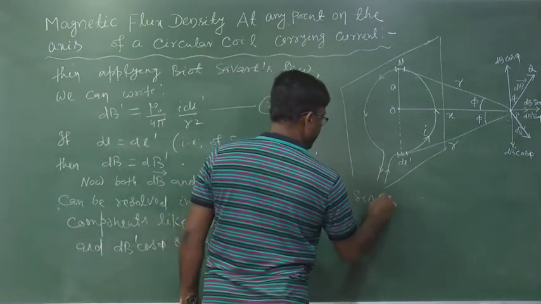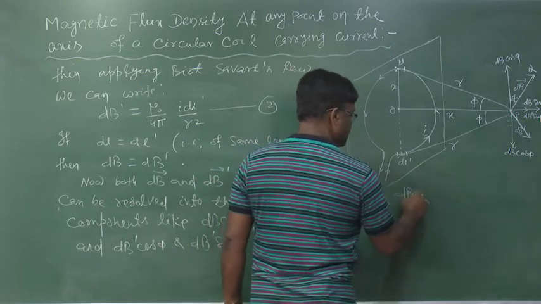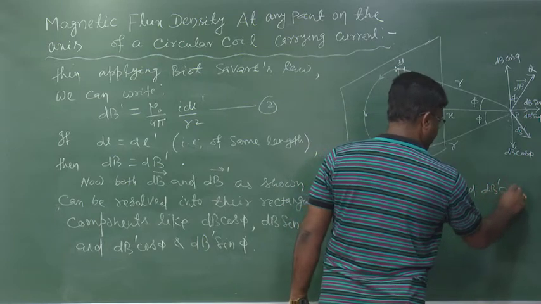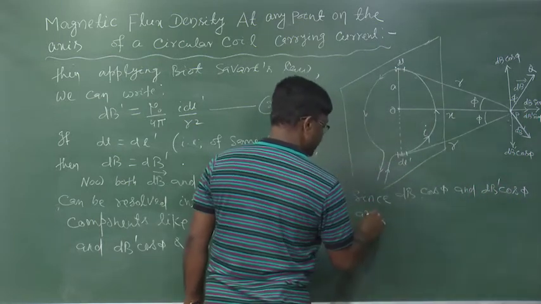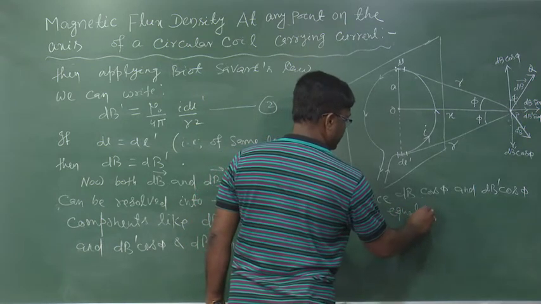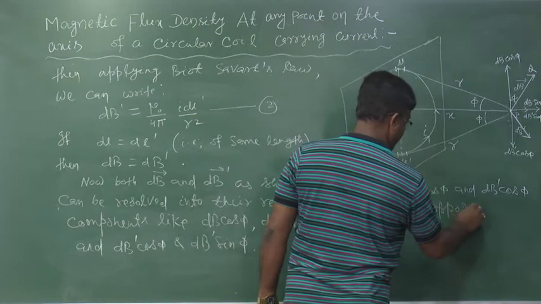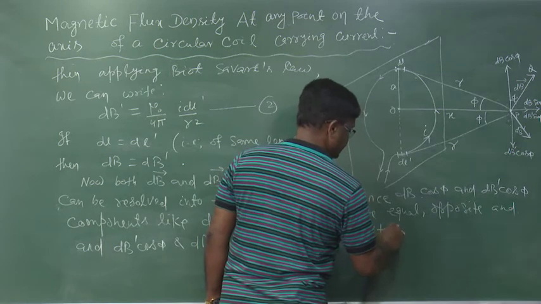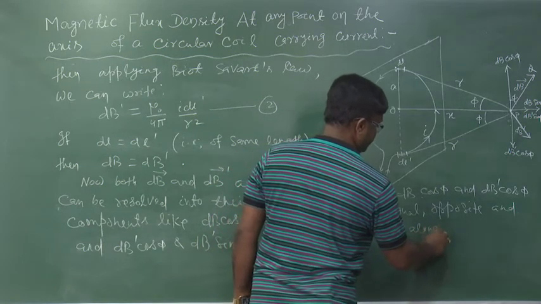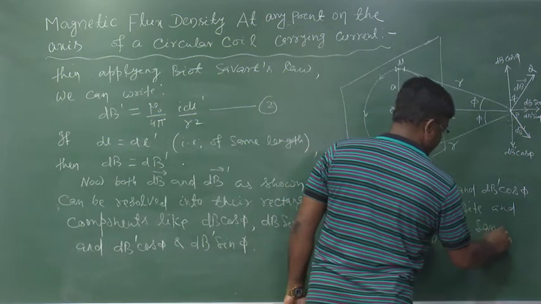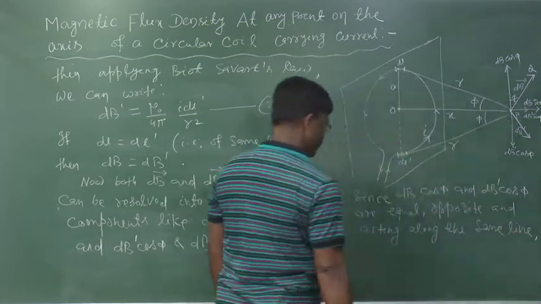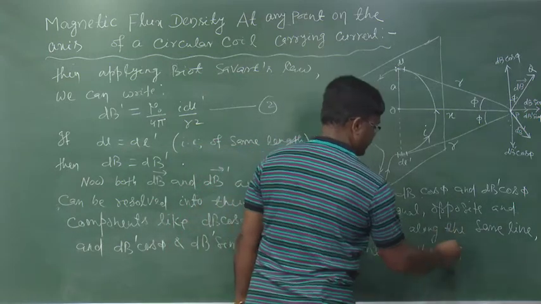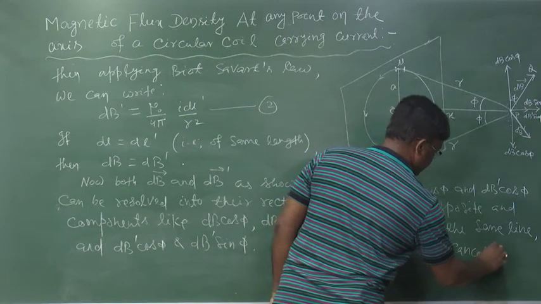Since dB cos phi and dB dash cos phi are equal, opposite, and acting along the same line, hence they cancel each other.